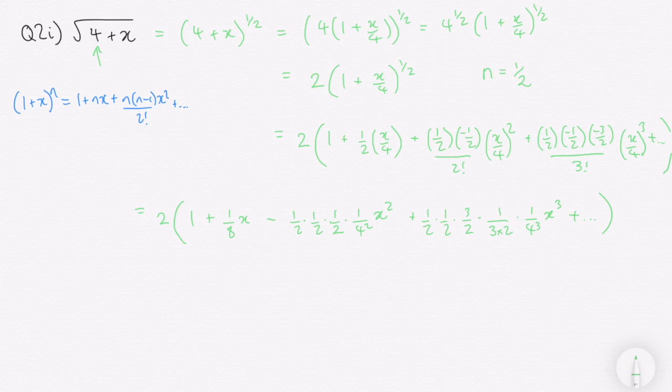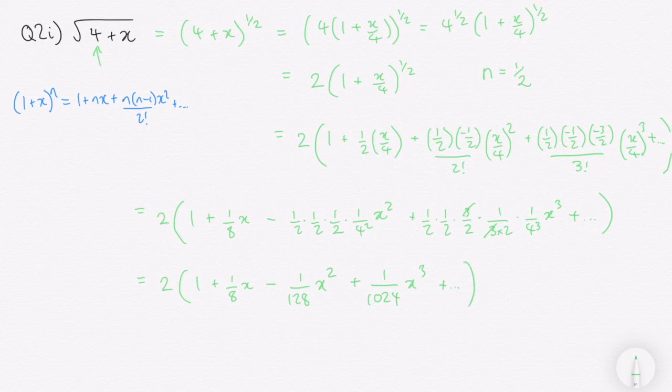Well, what does this end up being? This is 2 lots of 1 plus an eighth of x minus 1 over 128 x squared. There's a factor of 3 that cancels here, so this is plus 1 over 1024 x cubed.